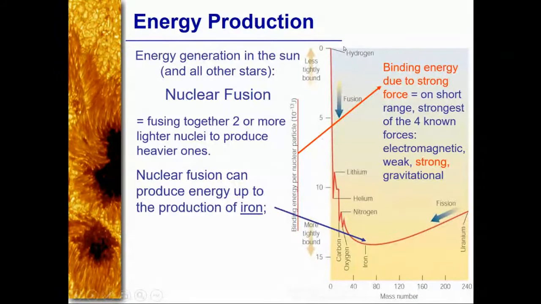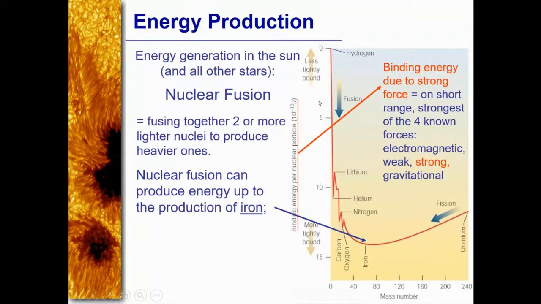Now, when we look at how can we proceed with elements, can we combine elements to produce fusion? Okay. So the idea here, you go down this line, and that's basically what we say here, fusion. So you can go from hydrogen, you can get lithium, helium, nitrogen, carbon, oxygen, and you get to iron here.